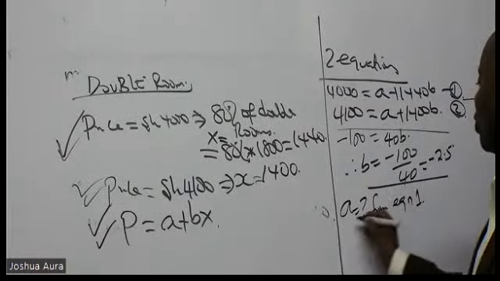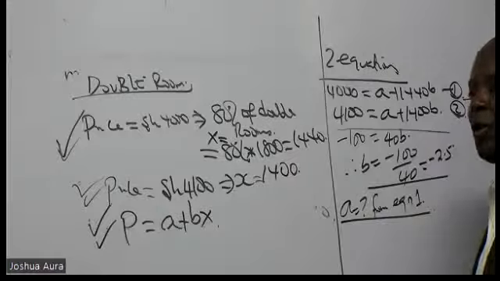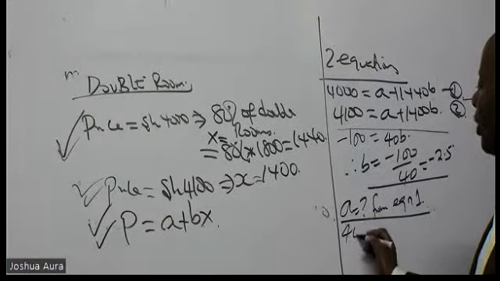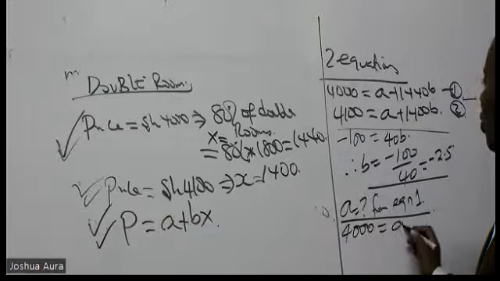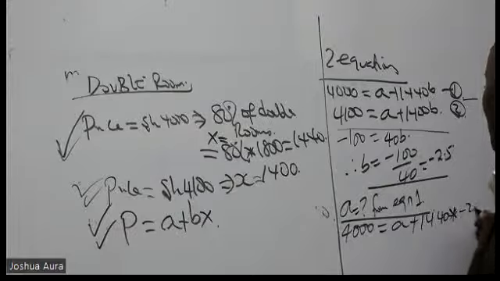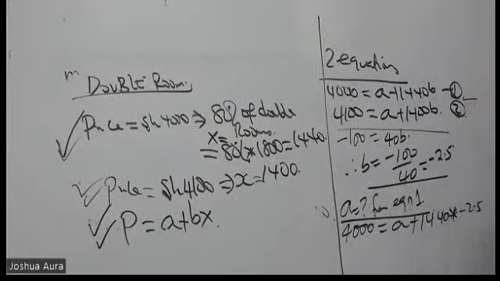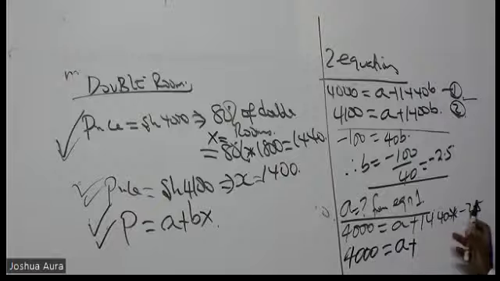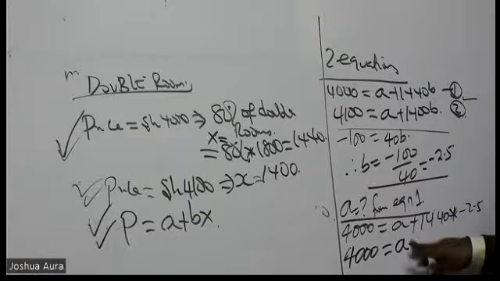From equation 1, we have 4,000 equals A plus 1,440B, and the B is minus 2.5, remember. So then we have our 4,000 here equals A plus, what is this times this?